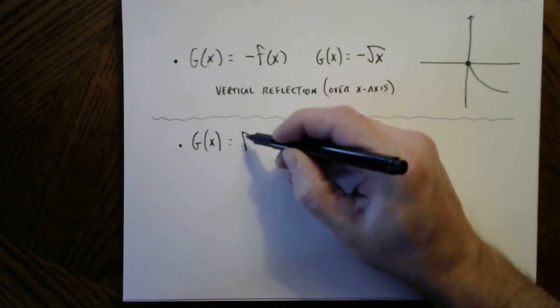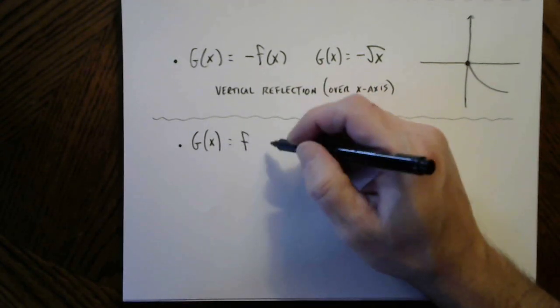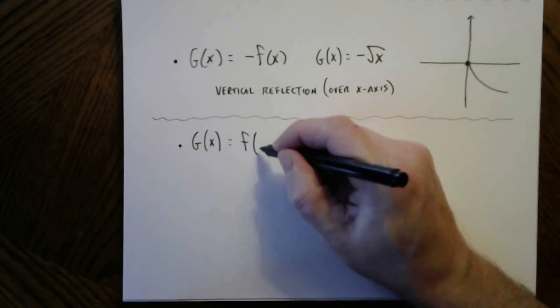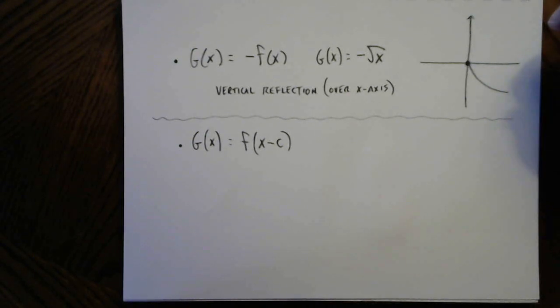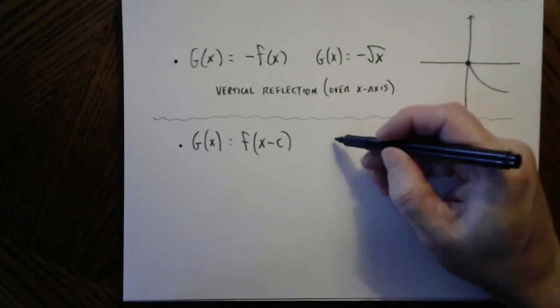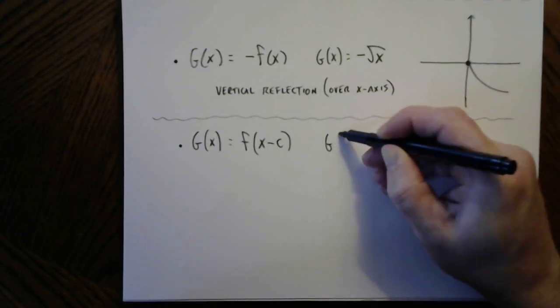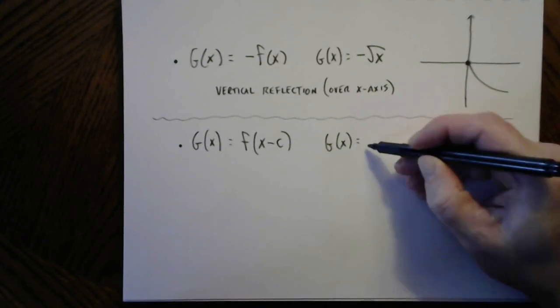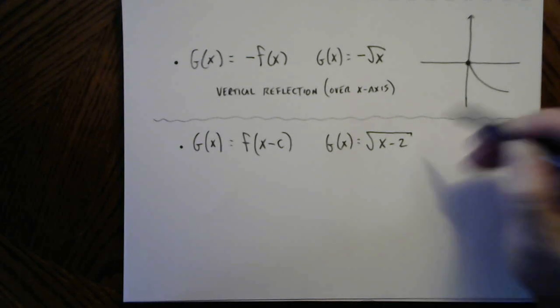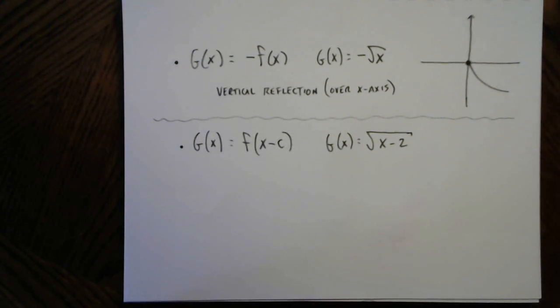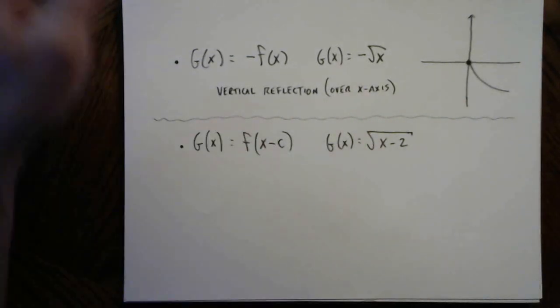This is f of x minus c. Notice the difference. You say, well, that looks the same. I want to point this out right away. This would be an example using the root.